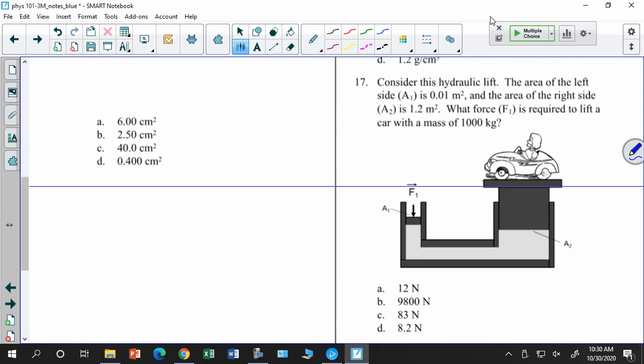Let's try this number 17. This is a hydraulic lift. What force is required to lift a car with a mass of 1,000 kilograms? This is fall 17 exam, is that what I said? Is that right? Okay. So what is F1 required to lift this car?